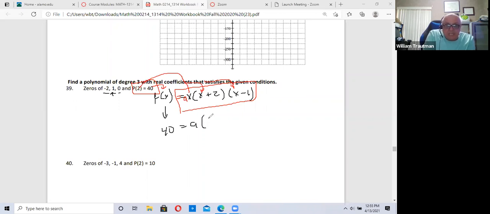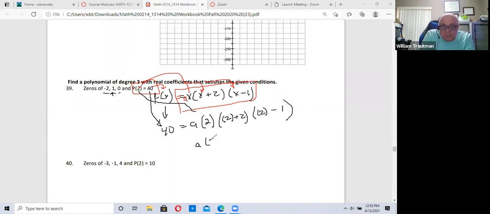Everywhere there's an X, I put a 2. There's another X here, I put a 2. There's another X here, I put a 2. Okay, so we put the 40 in the Y spot and the 2's all in the X spots. On this side, 2 times 2 is 4.